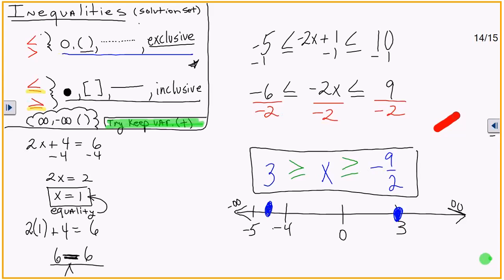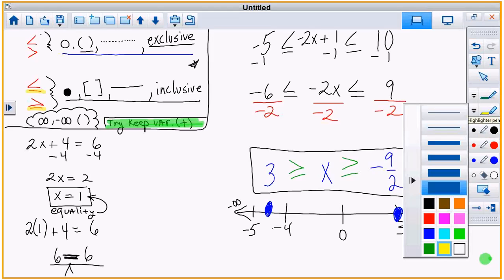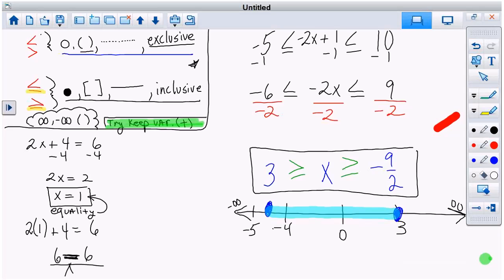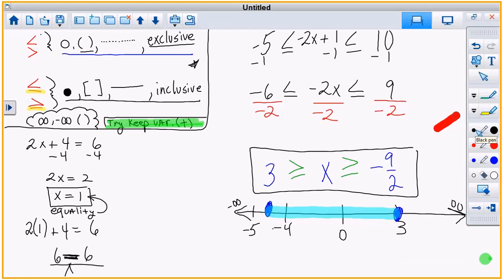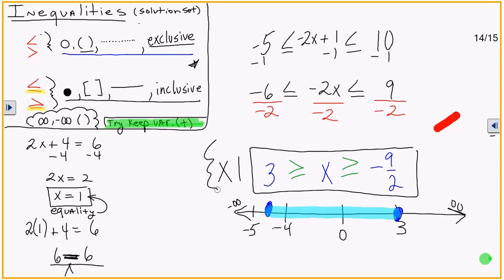And what numbers represent the solution? Set builder notation, I'm just going to put an x right here and such that in braces. That's set builder notation.